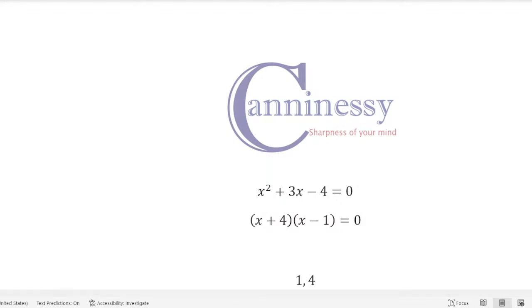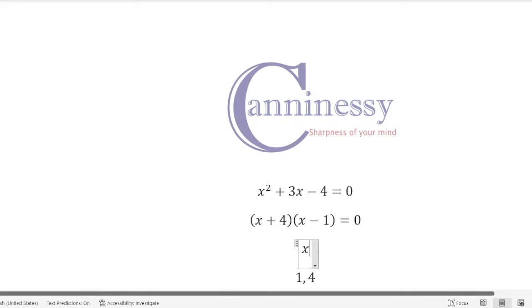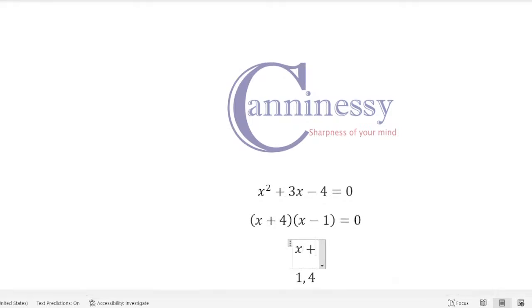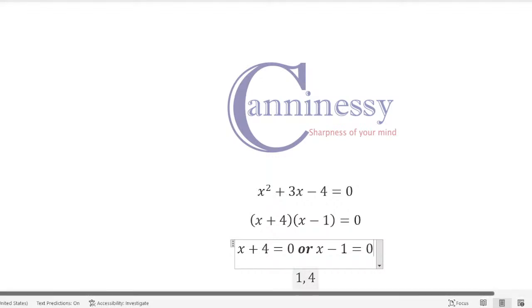Therefore, x plus 4 is equal to 0, or x minus 1 is equal to 0, right? Now we're going to transpose.